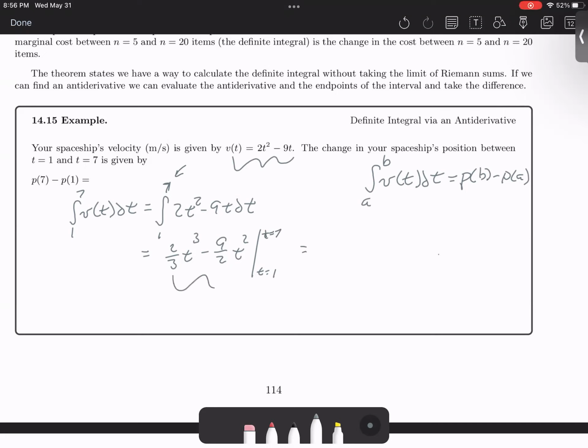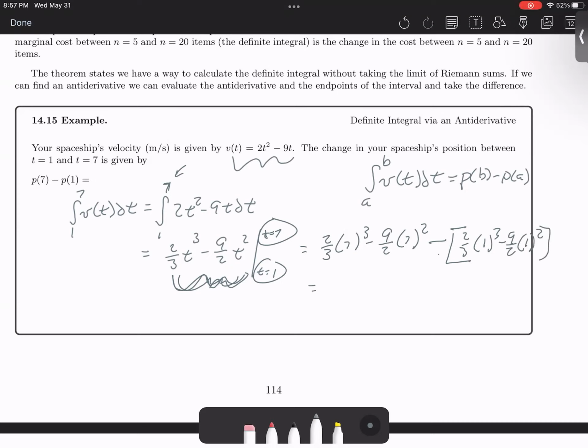So I'm going to take this function at 7, 2/3 7 cubed minus 9/2 times 7 squared, and I will subtract that antiderivative at the bottom of my integral at 1, 2/3 1 cubed minus 9/2 times 1 squared. All right, so when the algebra clears the room, we get a 12.